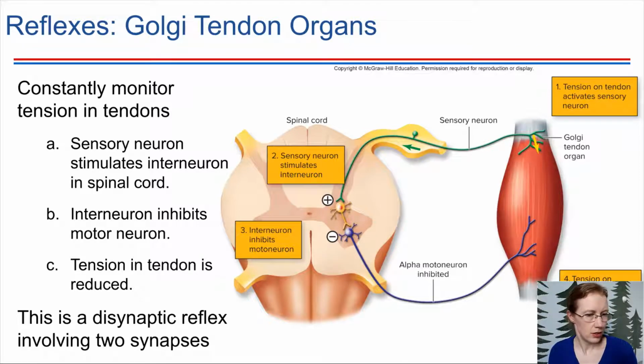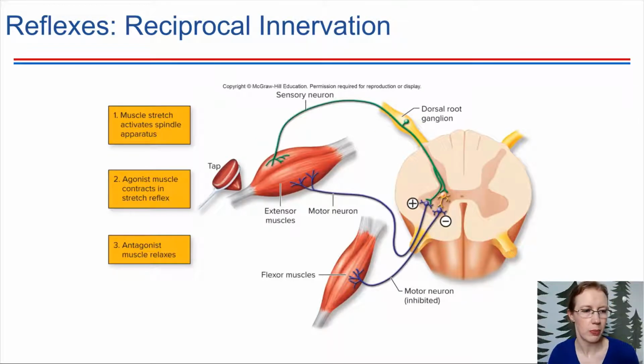Okay, let's see here. We also have, wrapping up our reflexes with the nervous system, what's called reciprocal innervation. And this comes back to the idea of having antagonistic pairs of muscles. So I think I used the example of the biceps and the triceps. They're an antagonistic pair. They cause us to do opposite motions.